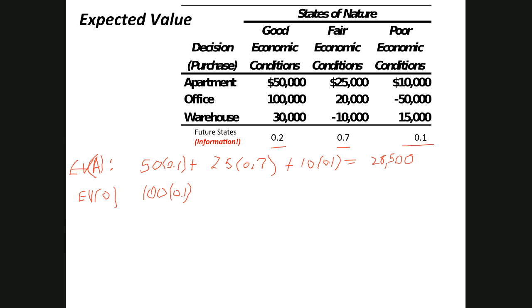Plus there's a 70% chance that we would have a $20,000 return if the economy is fair, and then we would lose $50,000 if the economy was poor, again with a 10% chance that occurs. When we do the arithmetic here, it turns out that this is 29,000 even.